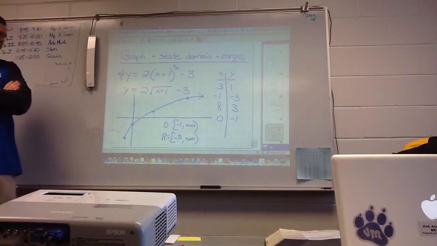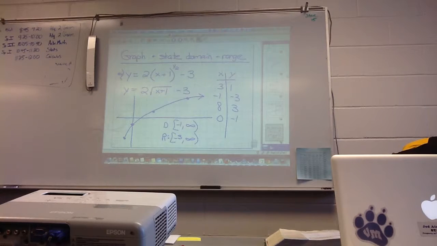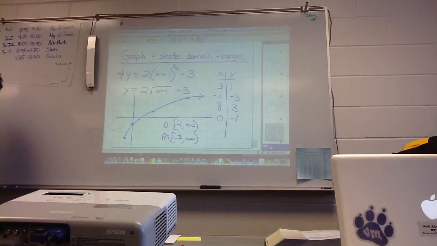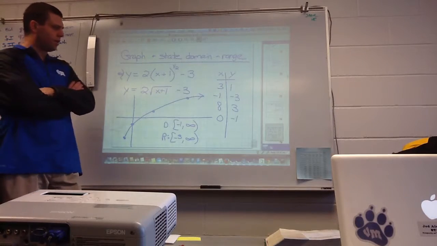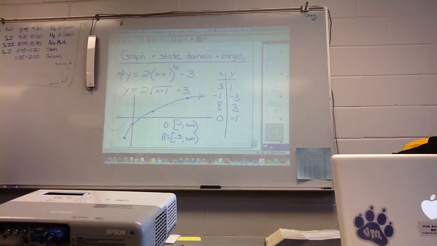See if you can type in either of those. I don't care which one you use. You want to use square root, go for it. You want to use the 1/2 power, go for it. But type that function into your graphing calculator and make sure you can see the table of values that goes with this function.